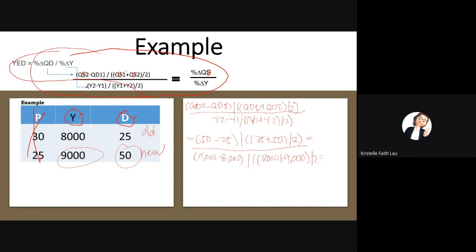For the percentage change in our income, we have 9,000 minus 8,000, divided by 8,000 plus 9,000, divided by 2. So our answer here is 0.12. Ayan, i-divide natin siya para makuha natin ang YED.